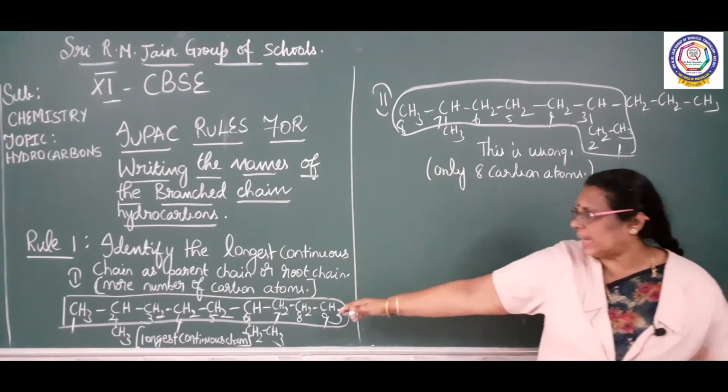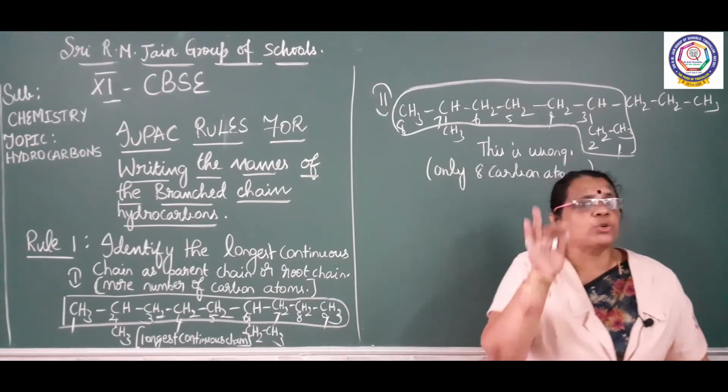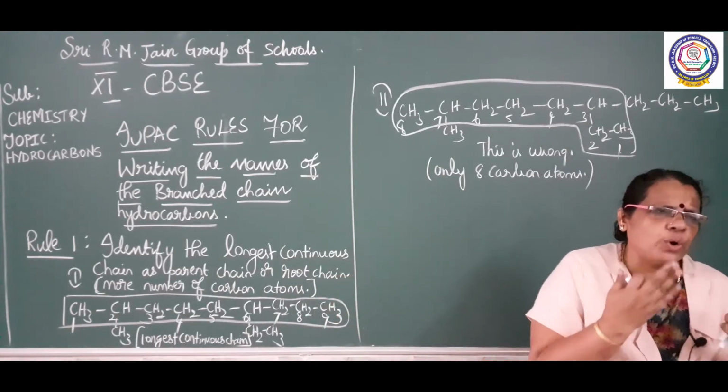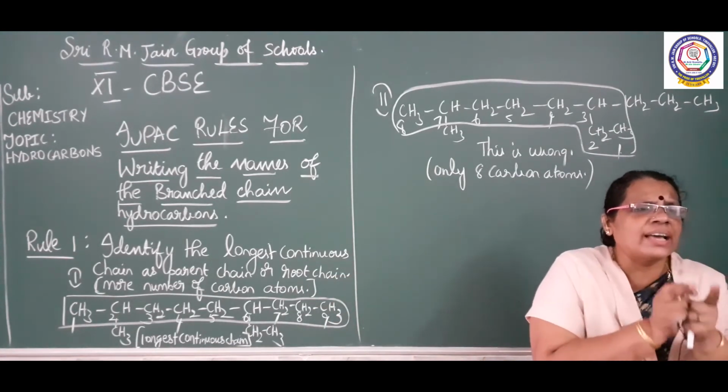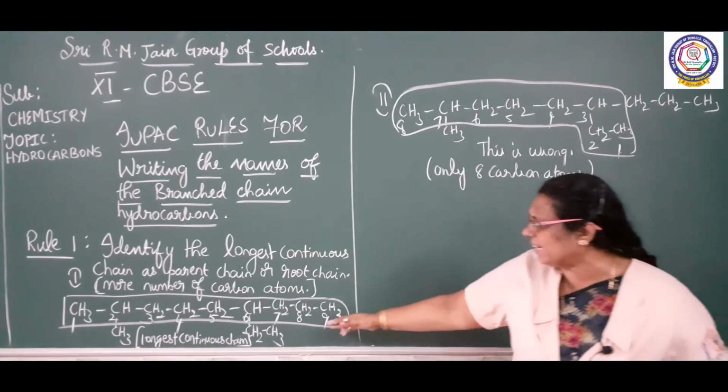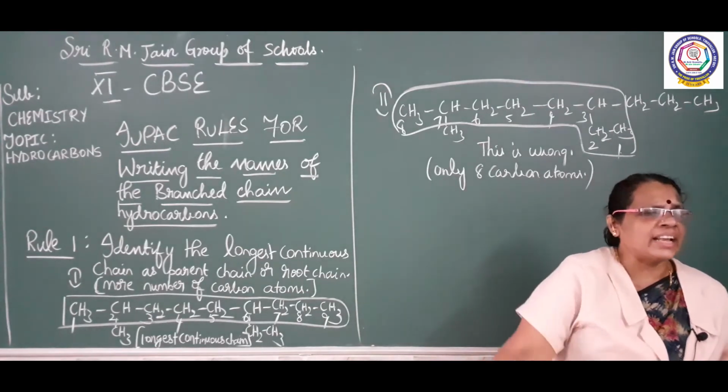So I have given the example where I can have 2 different structures. The first structure is correct. What is my first rule? Identifying the longest continuous chain as parent chain or root chain. So I have identified my parent chain or root chain.